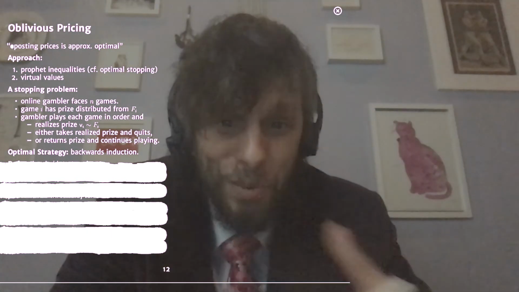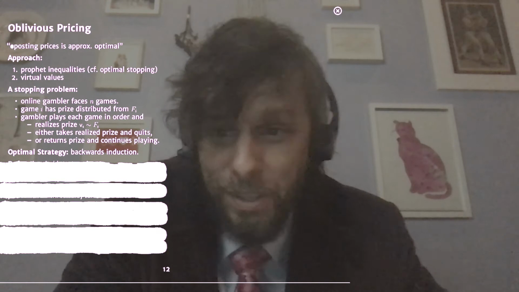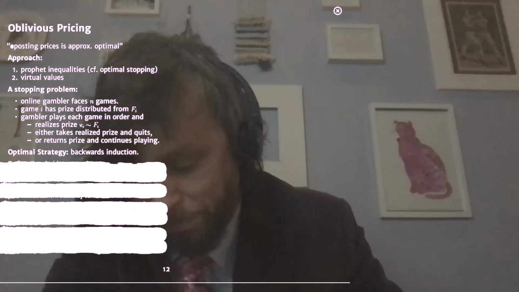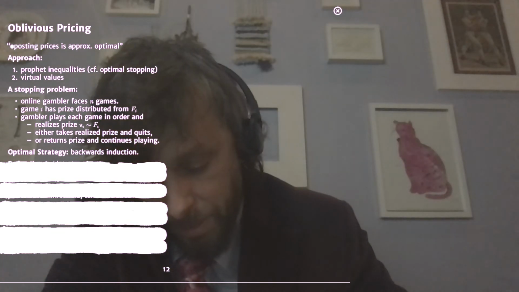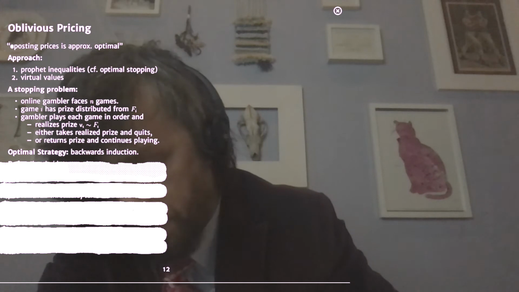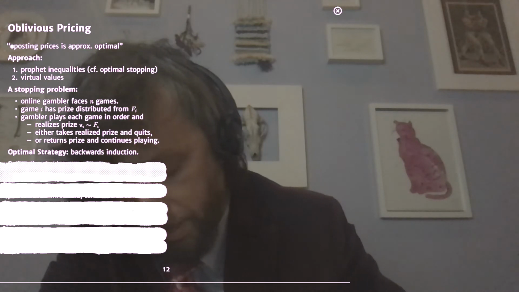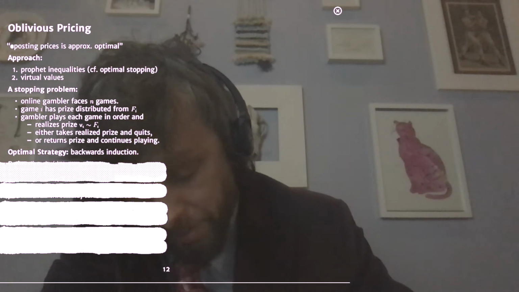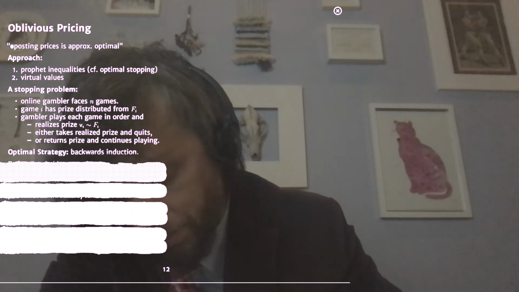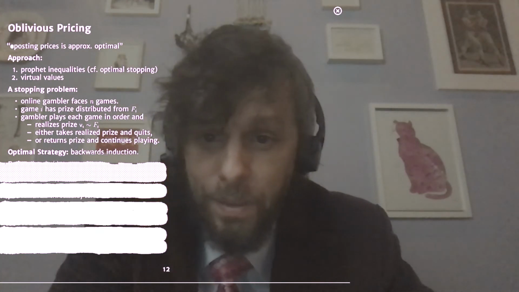So these are going to be decreasing thresholds that you would play by backwards induction. Great. So that's complicated. And as we like to do when we're considering approximation, we're going to look for simpler approaches.